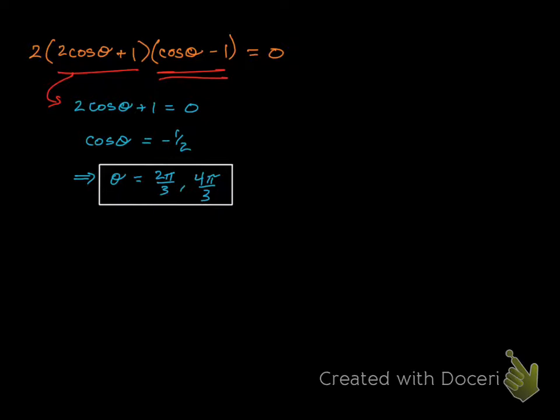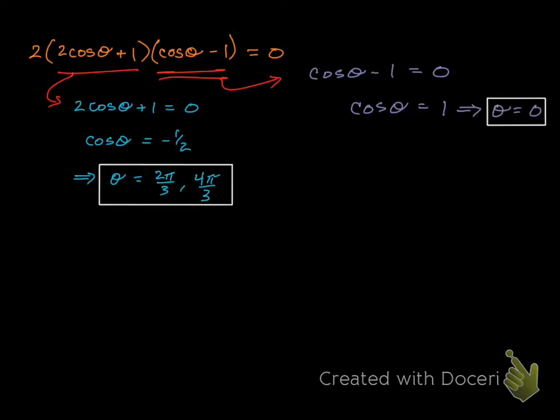Those 2 angles are the solutions to the first term equal to 0. The next, cosine theta minus 1, I can solve by adding 1 to both sides. When is cosine theta equal to 1? Well, that's only at 0. Cosine of 0 is 1. So these three angles provide me with horizontal tangents.